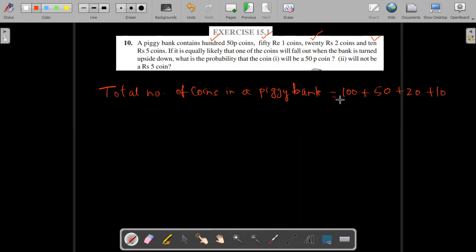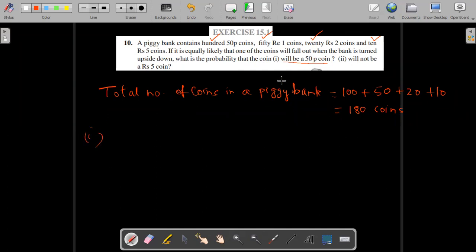So it is equal to 180 coins in total. It is equally likely that one of the coins will fall out when the bank is turned upside down. What is the probability that the coin will be a 50 paisa coin?